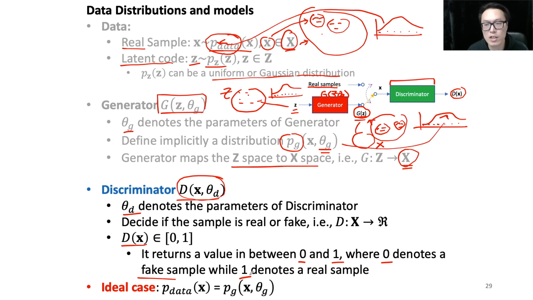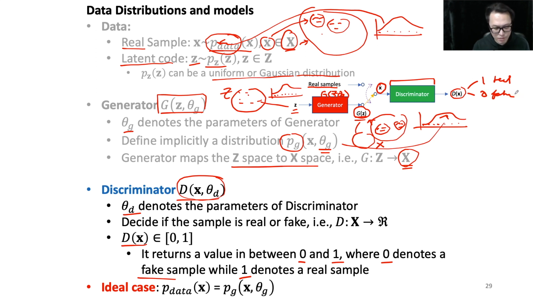In the extreme case, D(x) gives either 0 or 1. 0 means the input is fake, and 1 means it is real.